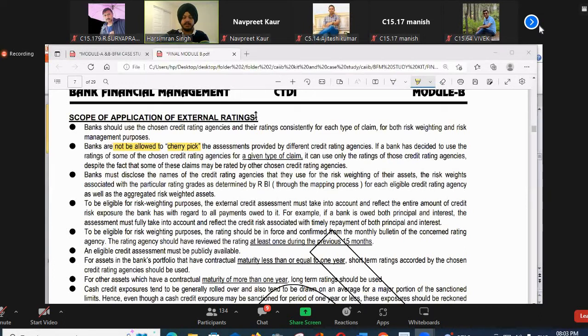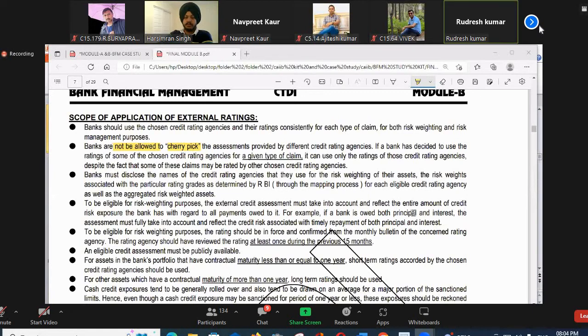ये iPad कौन है यार? I cannot identify you. I'm giving you only 1 minute. Rename yourself with your registration ID, else you will be removed from the class. I've sent you a message. What is your name? iPad.